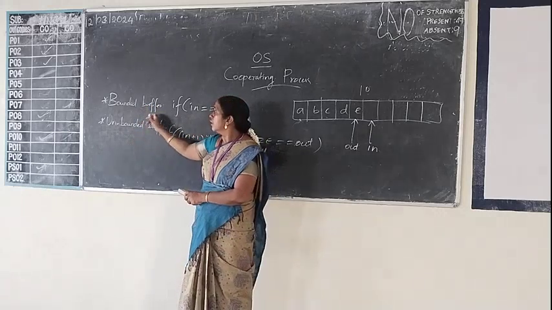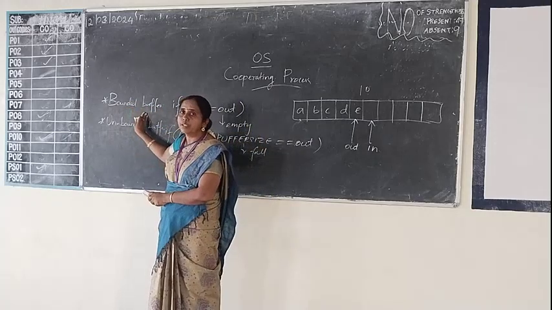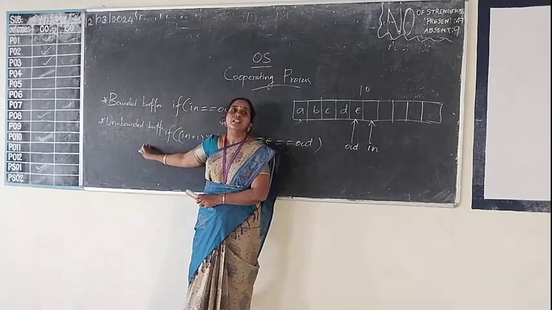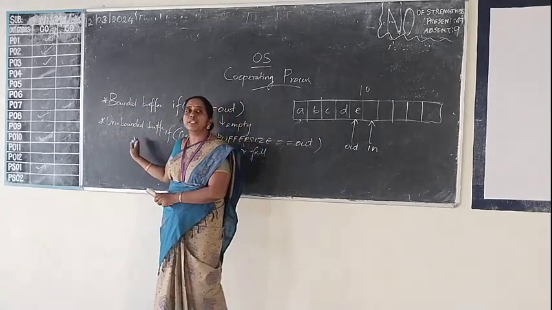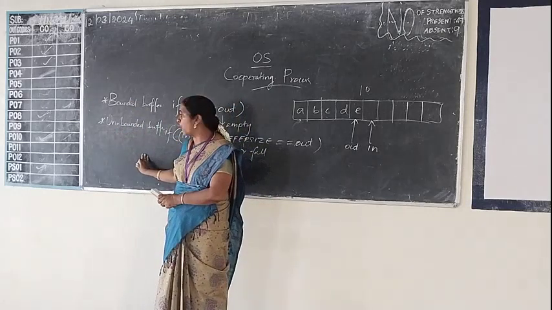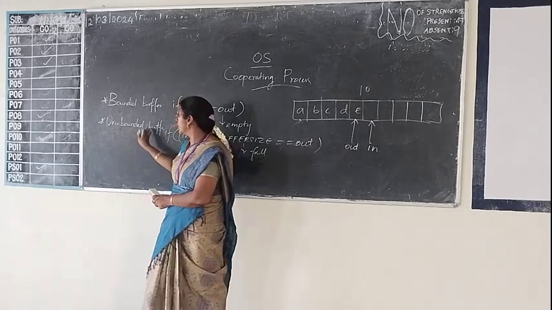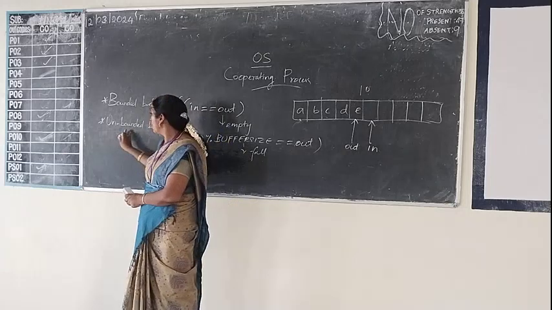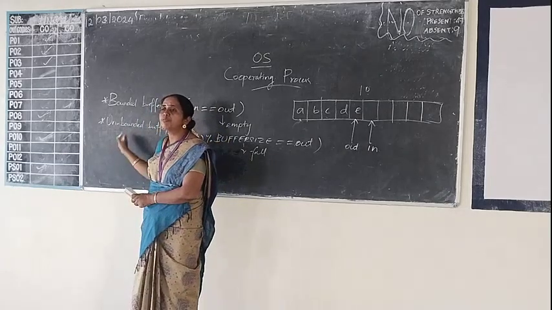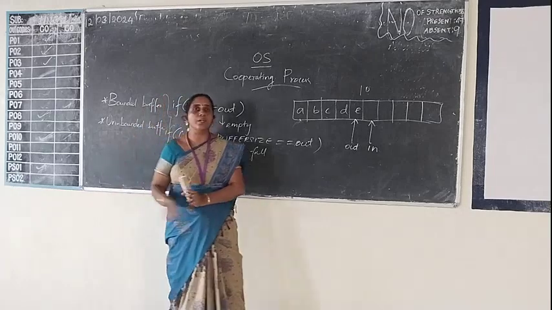So the producer has to wait when the buffer is full. In the unbounded buffer, the buffer size is not fixed. Any number of products can be stored in the buffer. So the producer need not wait if the buffer is full. But the consumer has to wait until a product is produced by the producer. So these are the two types of producer-consumer problem.